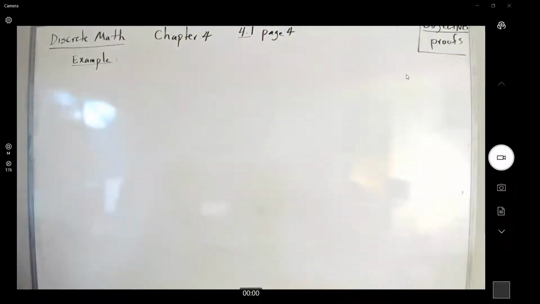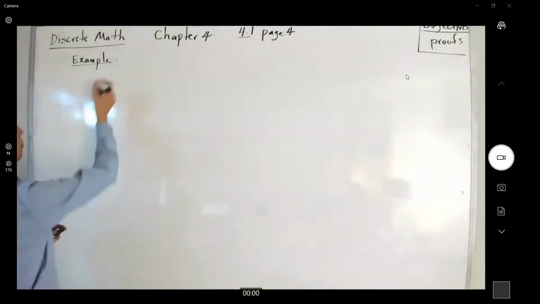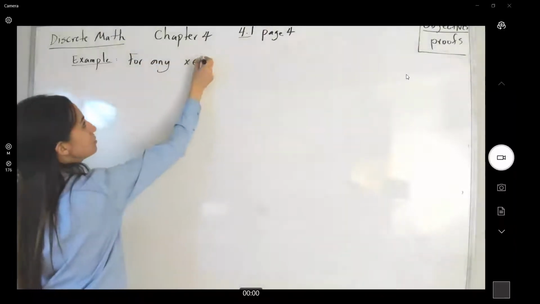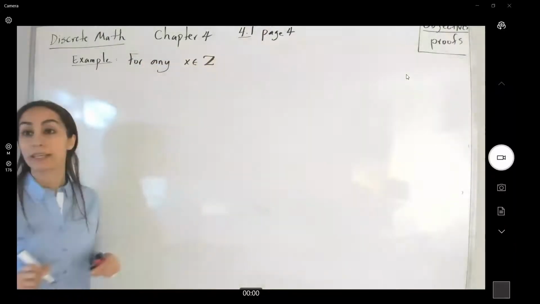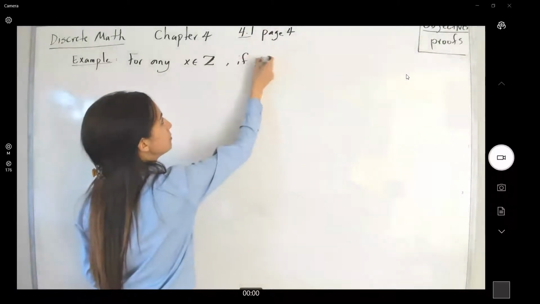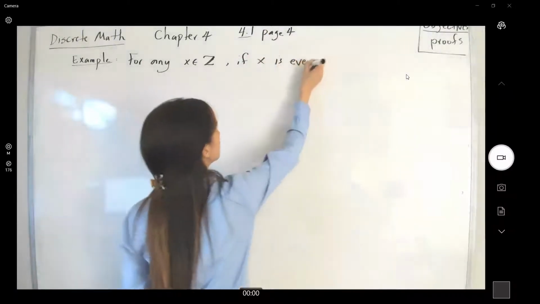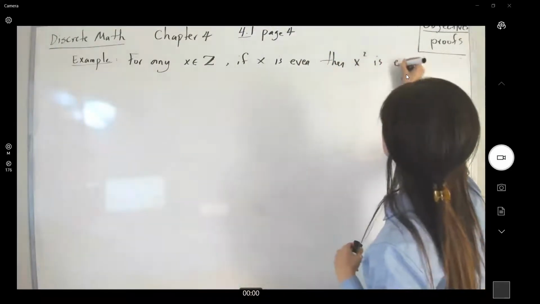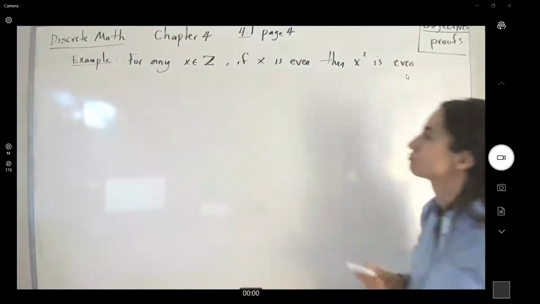Okay, in this example, question says, for any integer like x, if x is even, then x squared is even.